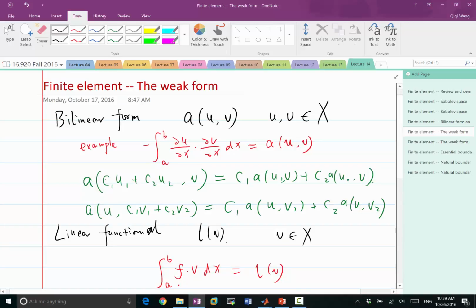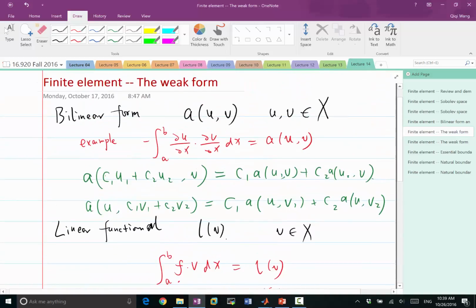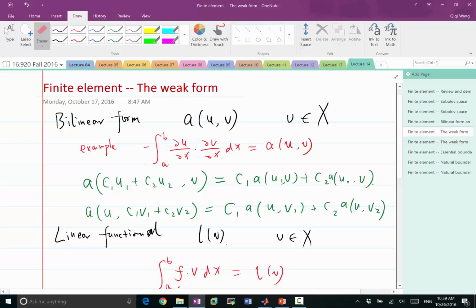In more advanced treatments, U and V can belong to different linear spaces. But no matter what you do, the V in the bilinear form and the V in the linear functional have to be in the same linear space. So the weak form is to find U within X. Let's make it more general by saying that U is in a certain XU, and V is in XV.